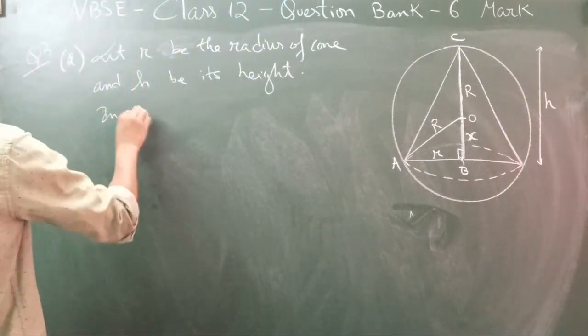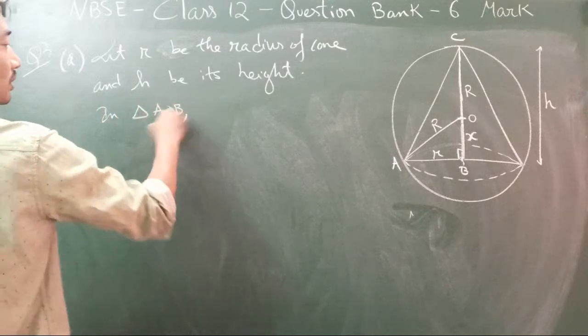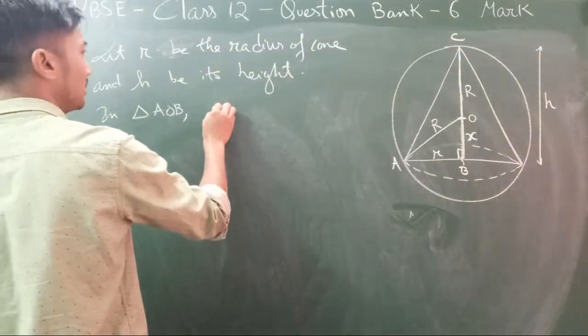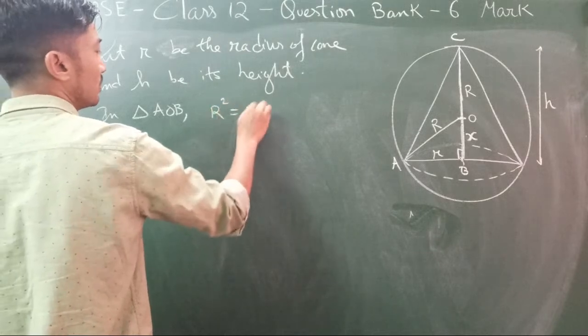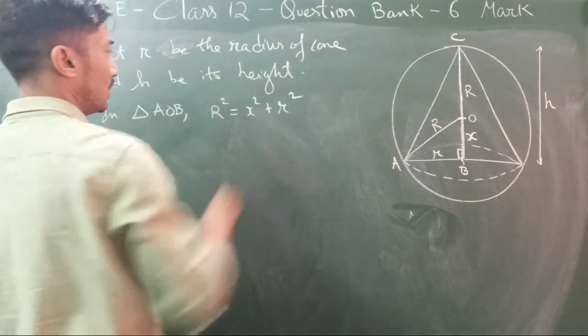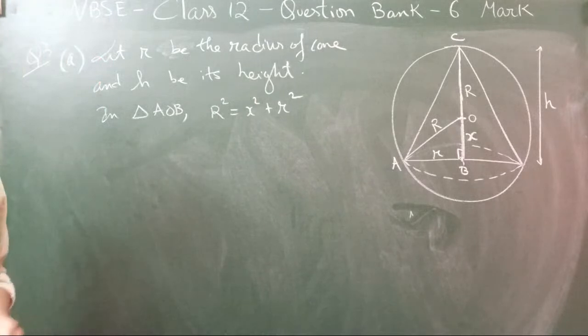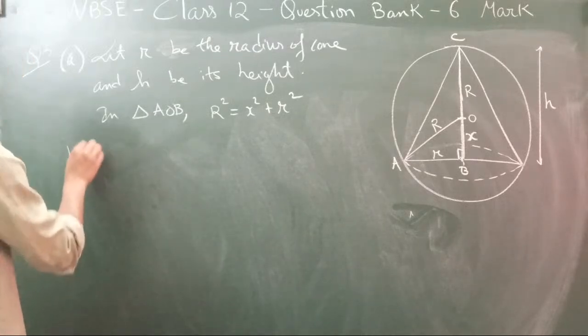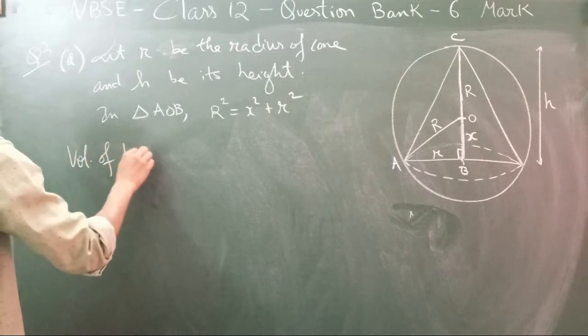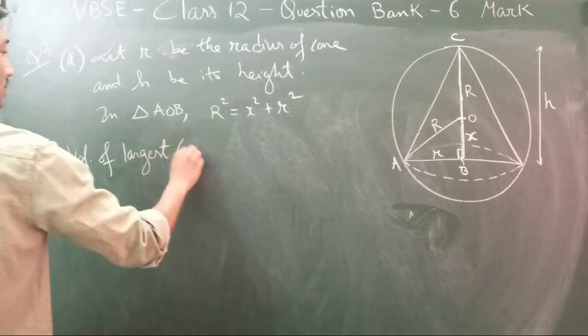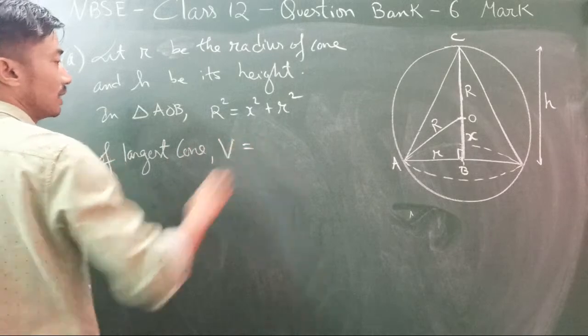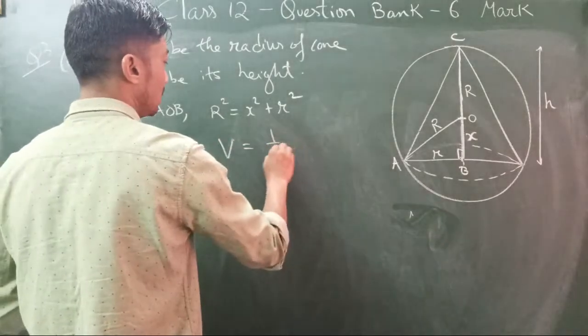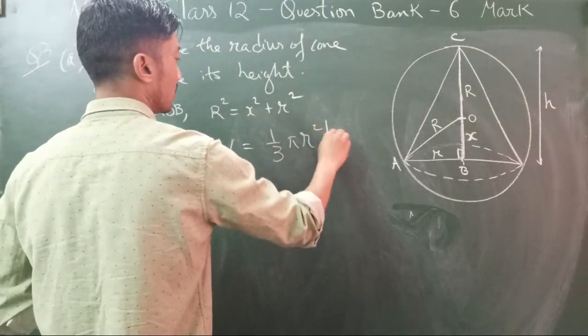So now in triangle AOB, we can have R square is equal to x square plus r square. So we might just need this equation here and there. So we'll keep it, and then let's see what we have. Now, volume of largest cone, that's our equation that we have to solve. V is generally given by 1 by 3 pi r square h.